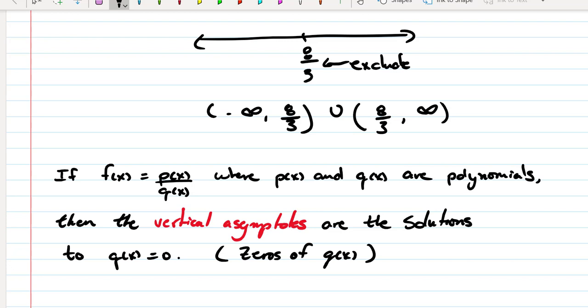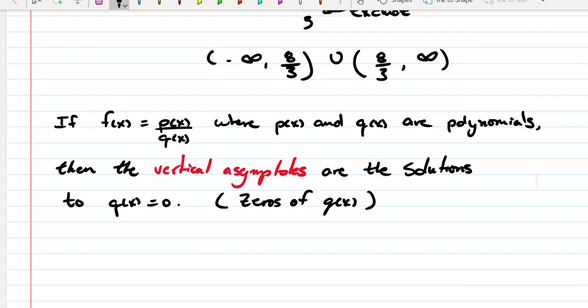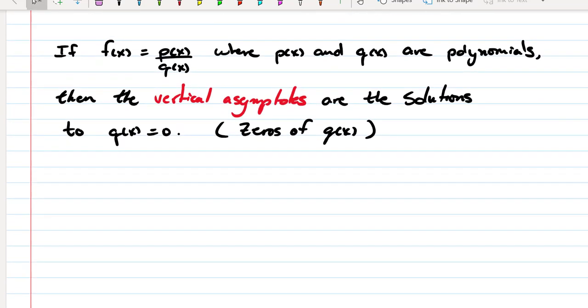Okay, so turns out that these points are related to the ones we were just finding. When we found the points that we took out of the domain, they also give rise to what are called our vertical asymptotes. So a couple of things I do want to mention.